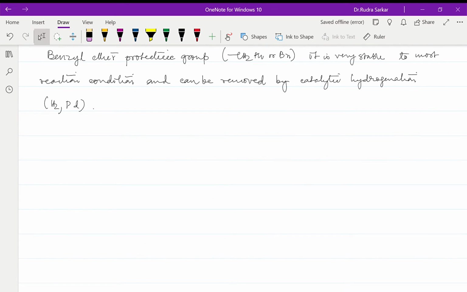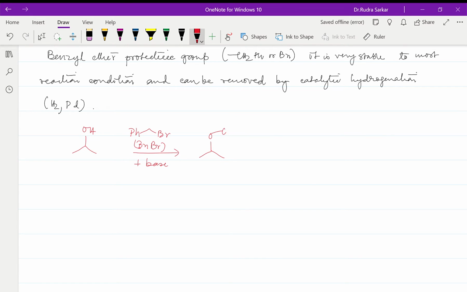So let us take an example and see how this is used. Suppose we have this secondary alcohol, isopropanol, and we are using PhCH2Br, also designated as BnBr, in the presence of a base to take up the HBr that will be released in the reaction medium.